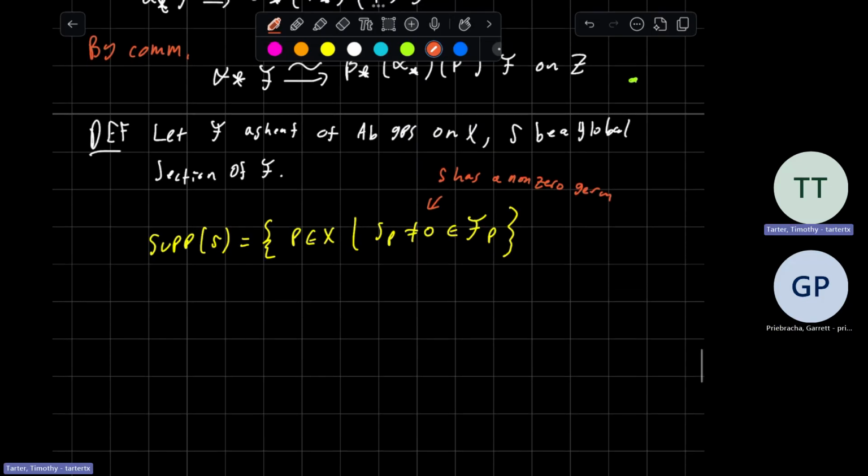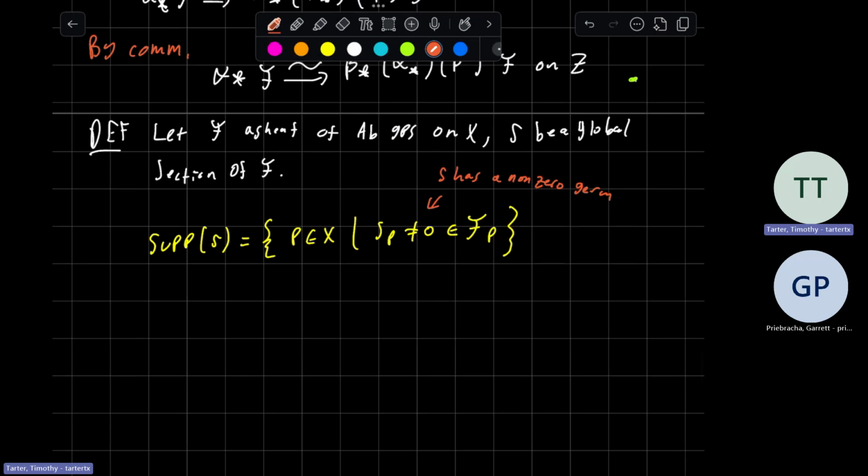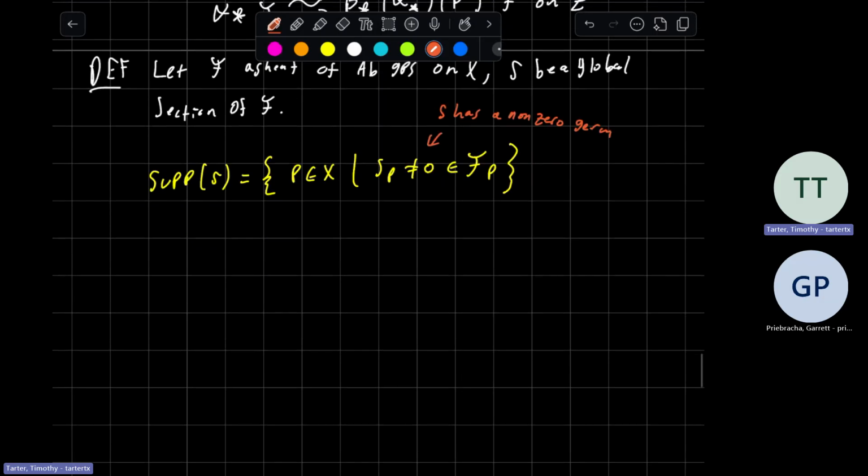We think of this subset of X as the section where s lives. The complement is the zero section. This is a closed subset of X.